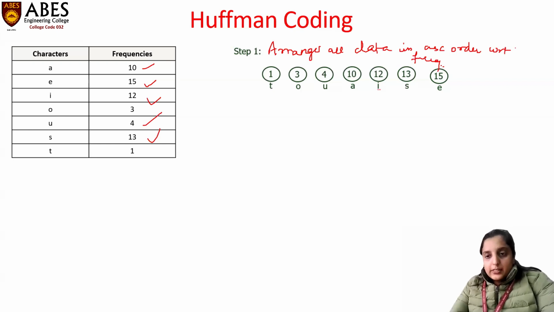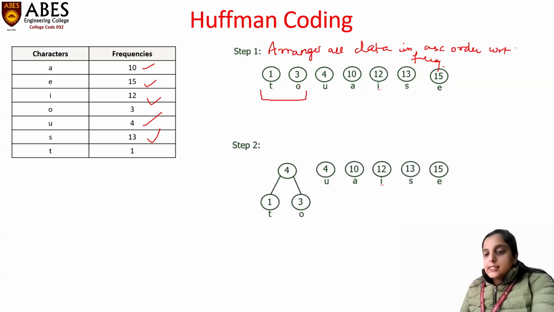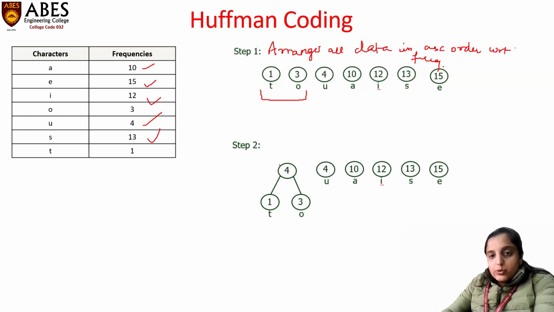And after this particular step, you have to start building your Huffman tree by merging nodes in ascending order. So as you can see here, in this particular step we have these two values first. So we're going to merge these two values in the second step. So 1 plus 3, the total of these two will be at the root.